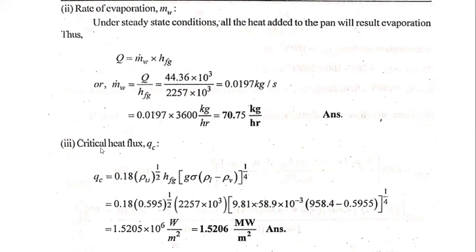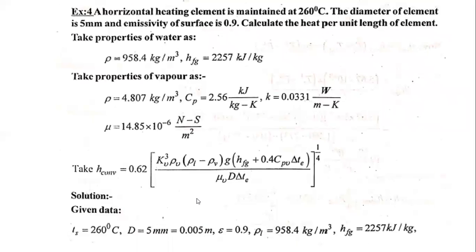And ultimately the critical heat flux, we get this equation from the previous lecture. So QC is equal to this one, and putting these values in this equation, we get 1.5206 megawatt per meter square.